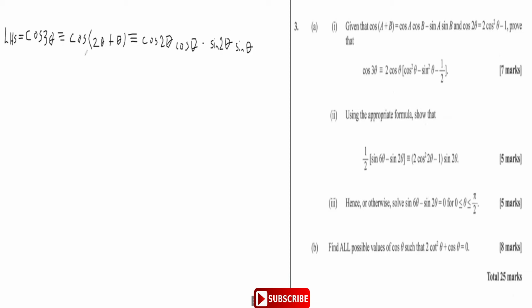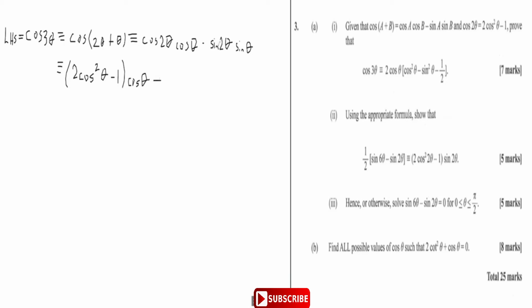So this cos 2 theta now, we can rewrite as 2 cos square theta minus 1. So what we're going to then get is 2 cos square theta minus 1, and that is being multiplied by cos theta, and then we're subtracting.